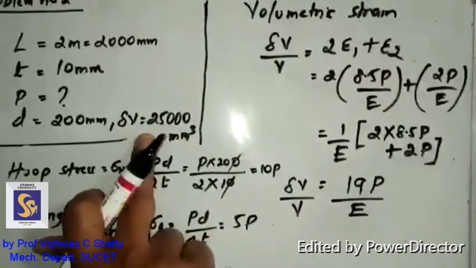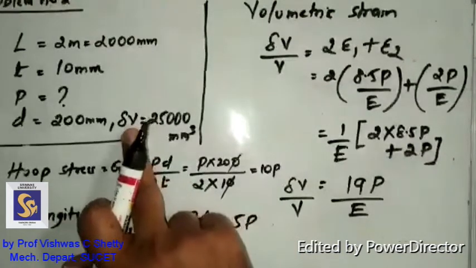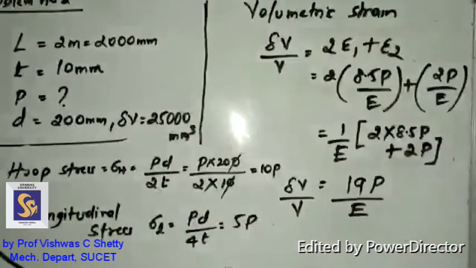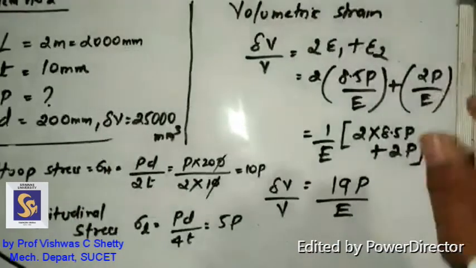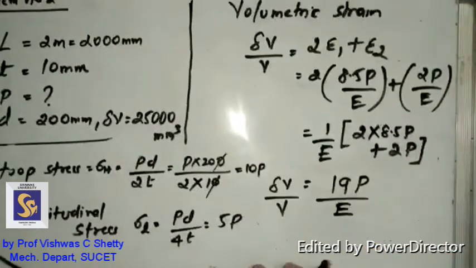Please note this: 25,000 mm cube is the change of volume given in the question. So consider that.